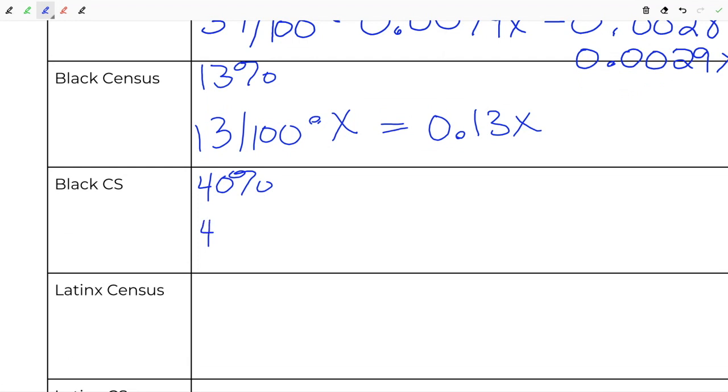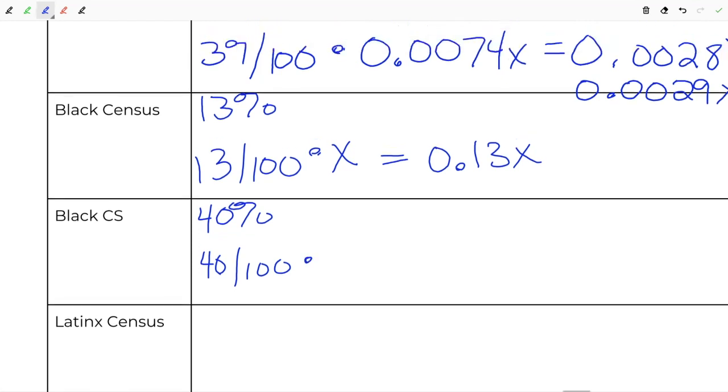So that is 40 out of 100 times the number in the criminal justice system on my lawn, which is 0.0074X.